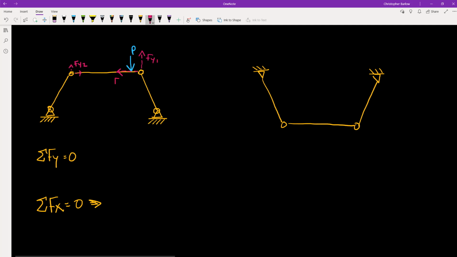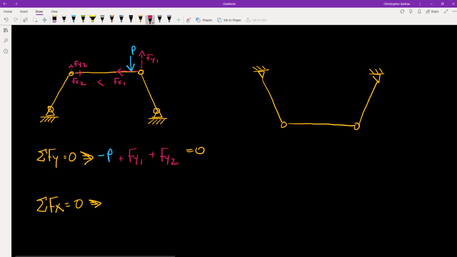So this will be Fx1, this will be Fx2, and Fx1 is greater than Fx2. So now looking at our equilibrium equations, we can see that for the sum of forces in the y, we are actually still okay. Fy1 and Fy2 will end up being equal to P.